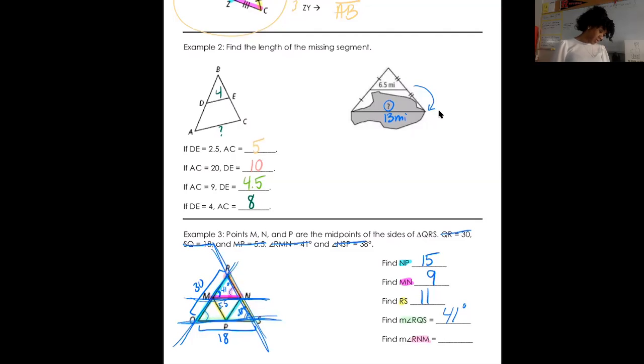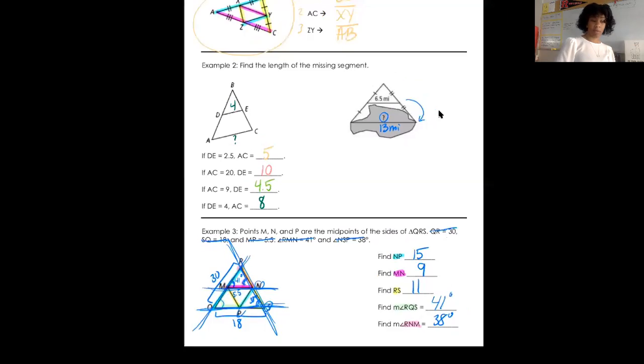So these two correspond, they're both in the top left. So if NSP, this one here, is 38, that was given, then this other one that I'm looking for, RNM, is gonna also be 38 degrees. So that's basically how you use the midsegment theorem.